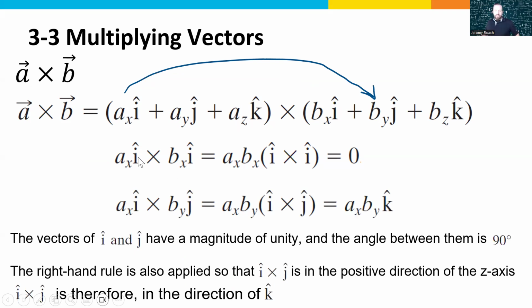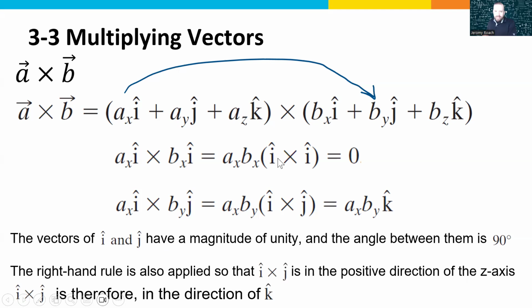So for our first term, we get ax i hat times bx i hat, and we can factor out the ax bx, and now we're just left with i hat times i hat, and that equals 0.